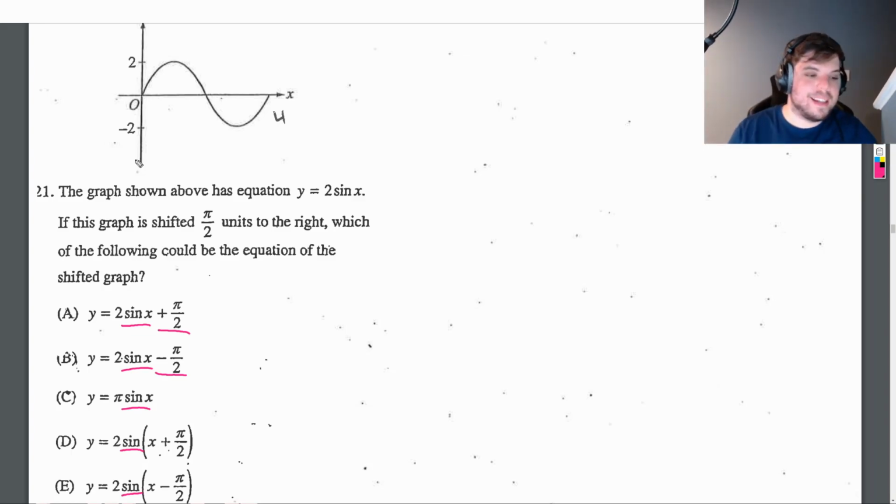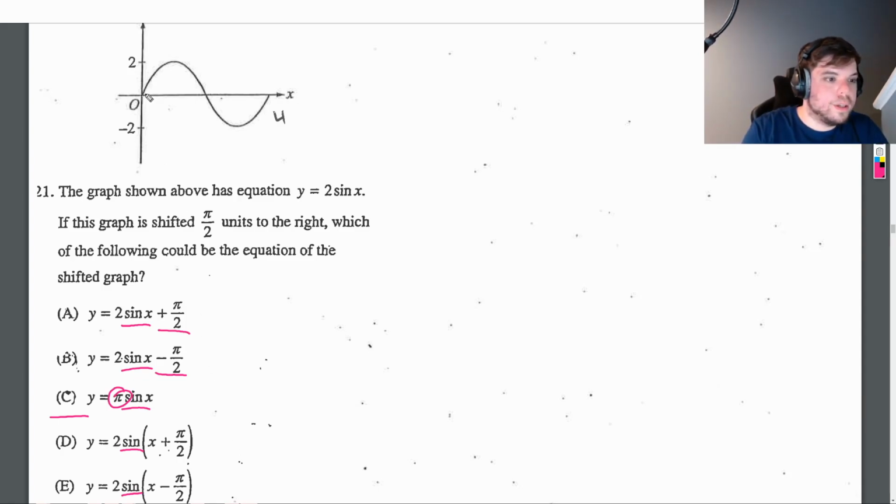y equals pi sine x for answer choice C. Pi is the amplitude of your function.